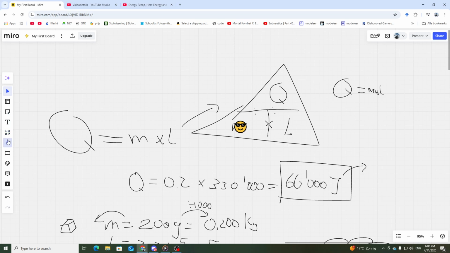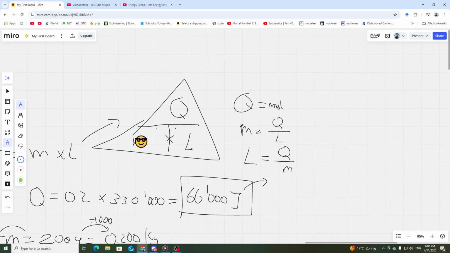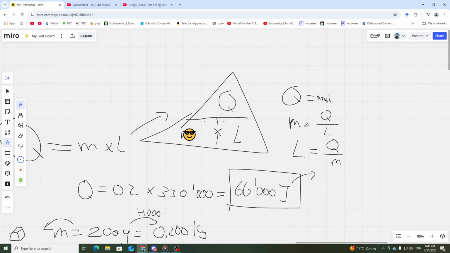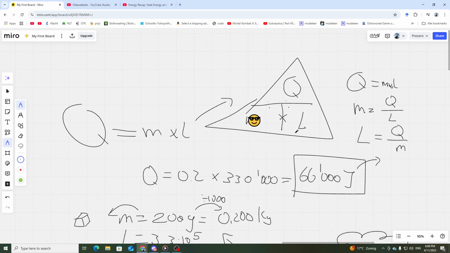And what I should see, I'm doing it in real life right now, is M is equal to, and what should I see in my triangle? Q over L. And the same could be done for L, and then we see that is Q divided by M. So sometimes you will be asked to calculate M or L instead of the Q. And this is how you do it. The triangle of destiny is what they call it in the scientific world.